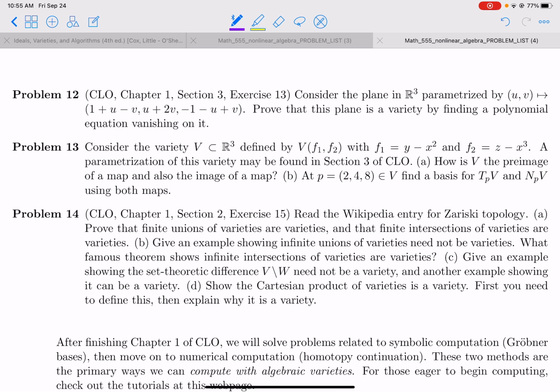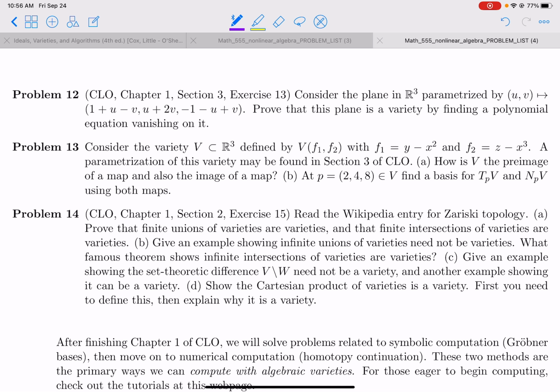Which means we can start looking at, what if we don't want to just linearize everything? What if we want to deal with nonlinear equations, the actual polynomials? This will take us into the realm of ideals. Ideals is section 4.